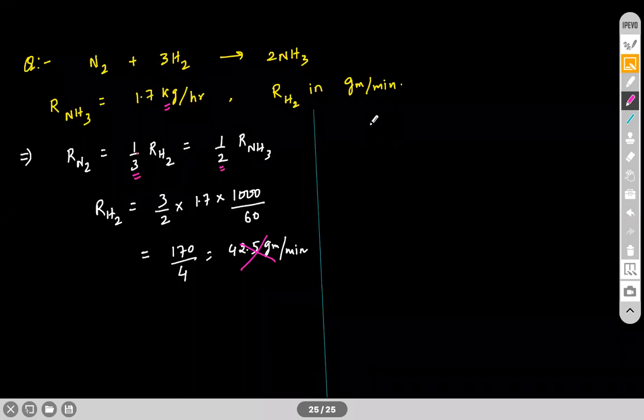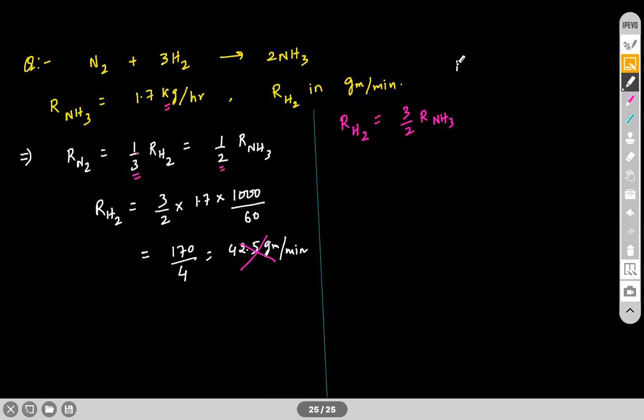So R of H2 is equal to 3 by 2 of R of NH3. R of NH3 we first have to convert into mole per minute, and then we can compare.